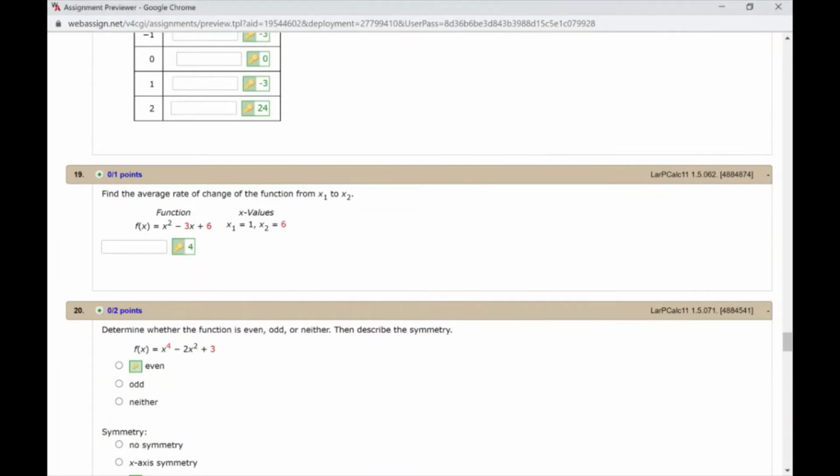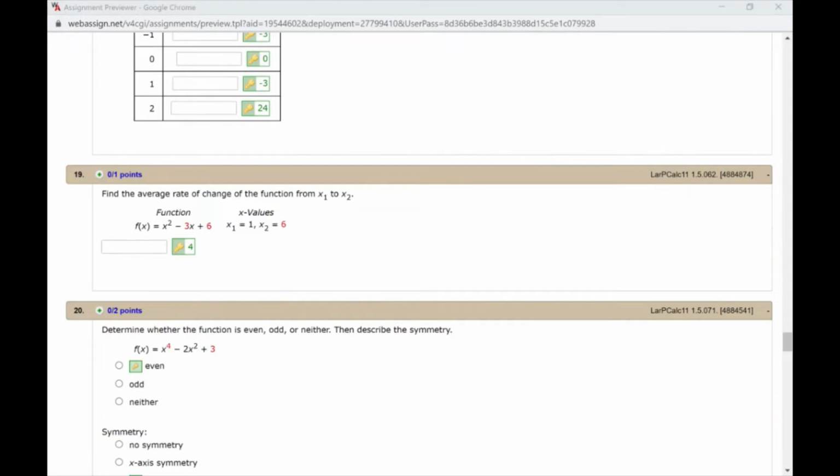Find the average rate of change of the function from x1 to x2. So there's an average rate of change formula. Let me write down the problem first. Does anyone remember what the formula was? Is it f(x2) minus f(x1) over x2 minus x1?